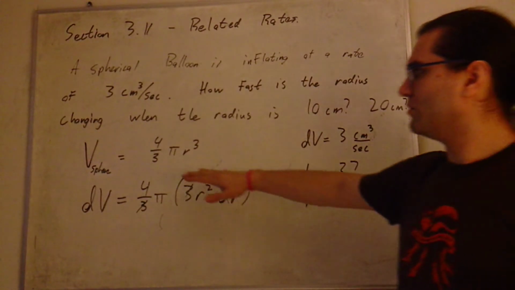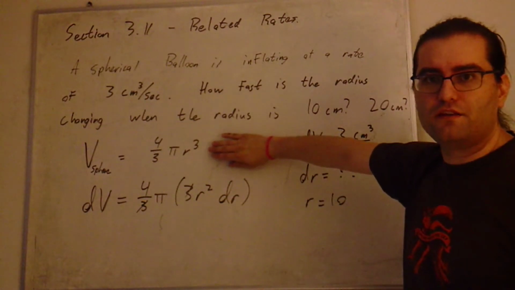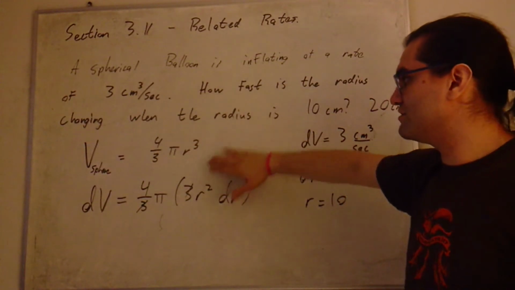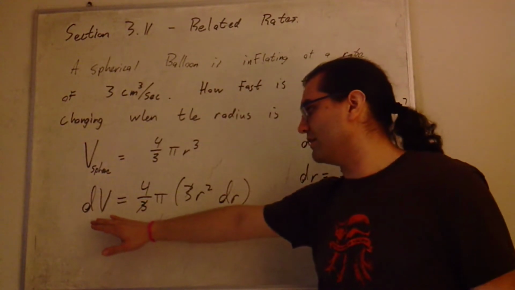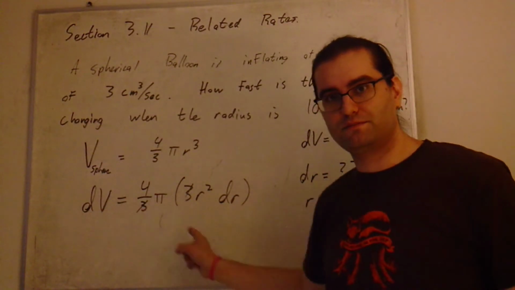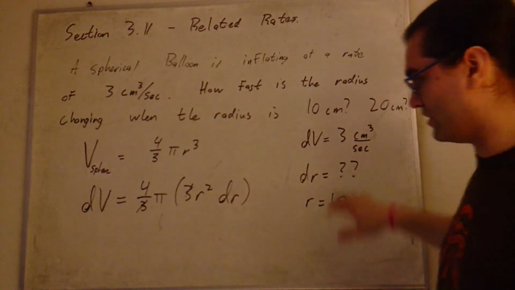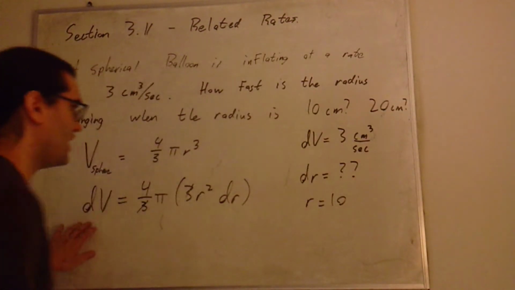So, start with a function that relates quantities. Use implicit differentiation to create a function that connects rates. Plug in some numbers, solve for what's missing. dV is 3.